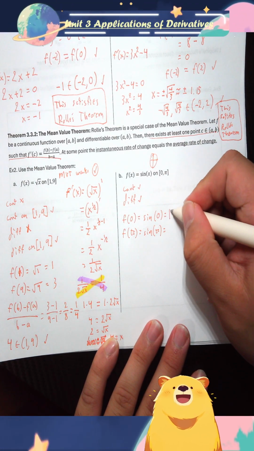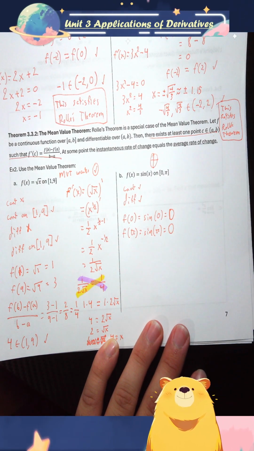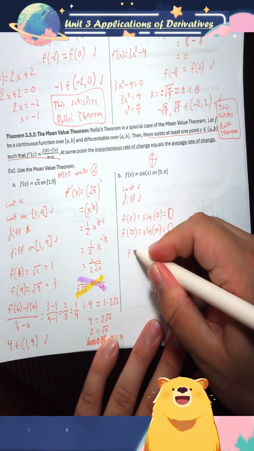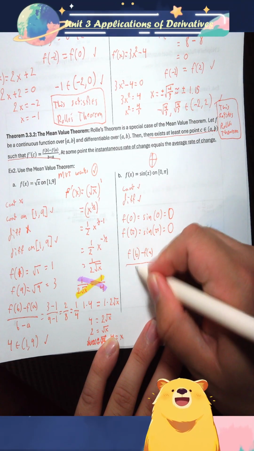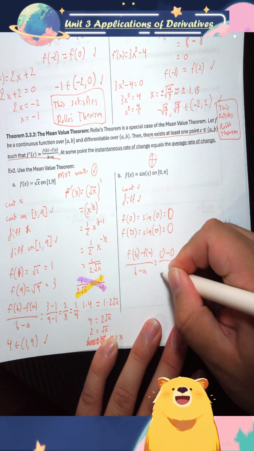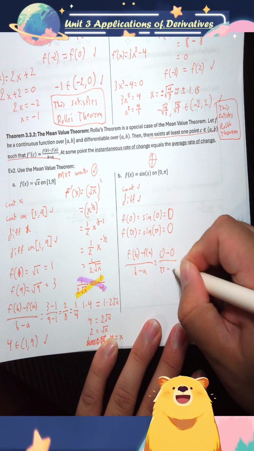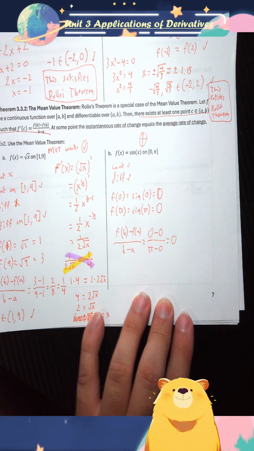Yeah, no, it's going to be a 0. And then that's also going to be a 0. Okay? So f of b minus f of a over b minus a is equal to 0 minus 0 over pi minus 0, which is all just going to be equal to 0.